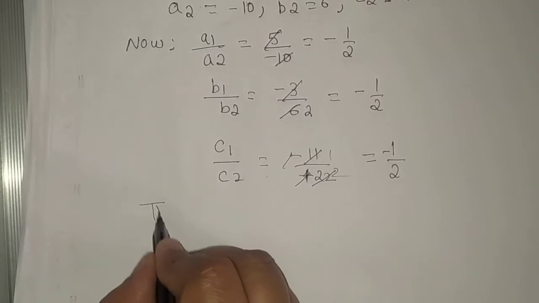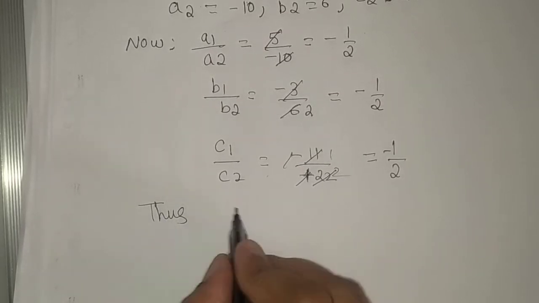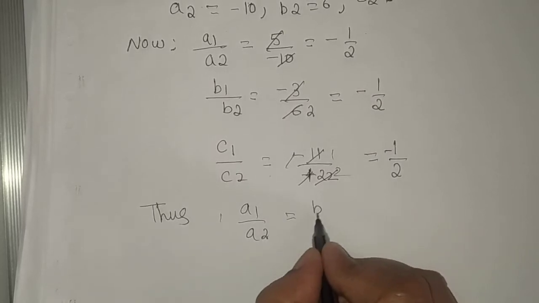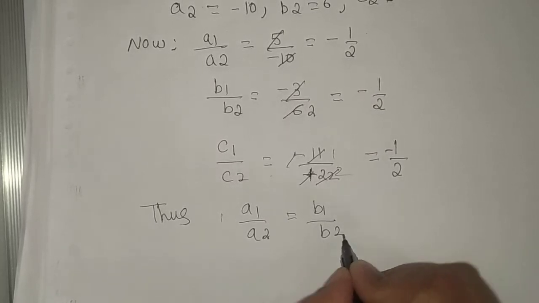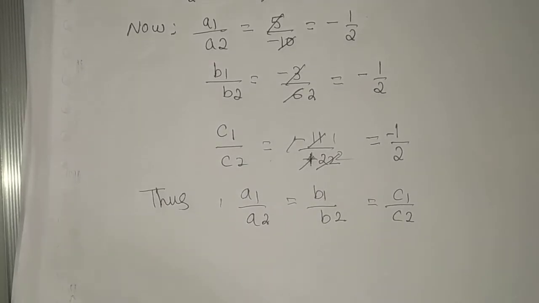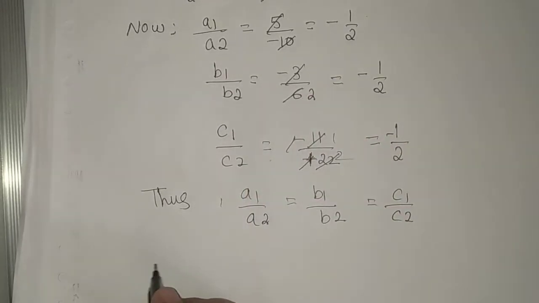Thus we write a1 by a2 equal to b1 by b2, which is equal to c1 by c2. So all are equal here in this case.